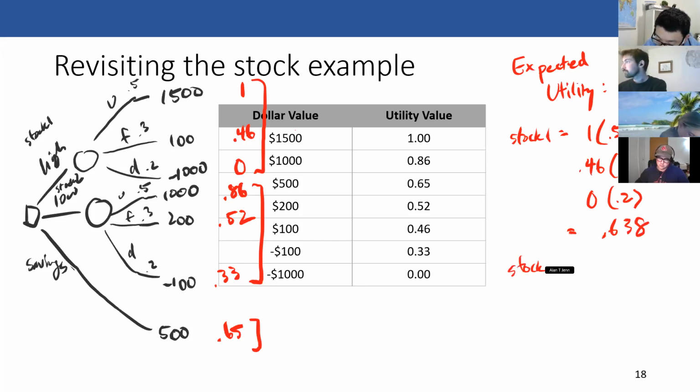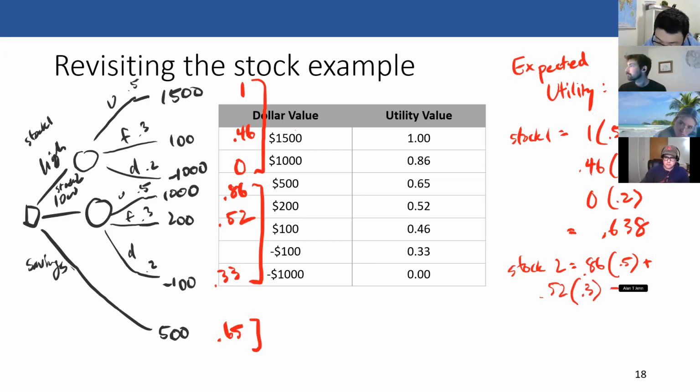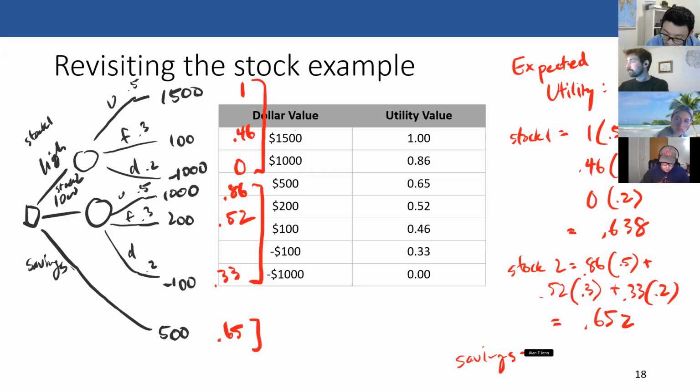For stock 2, this is equal to 0.86 times 0.5 plus 0.52 times 0.3 plus, be consistent here, 0.33 times 0.2, and this is equal to 0.652, and then the last one, savings, is equal to 0.65.